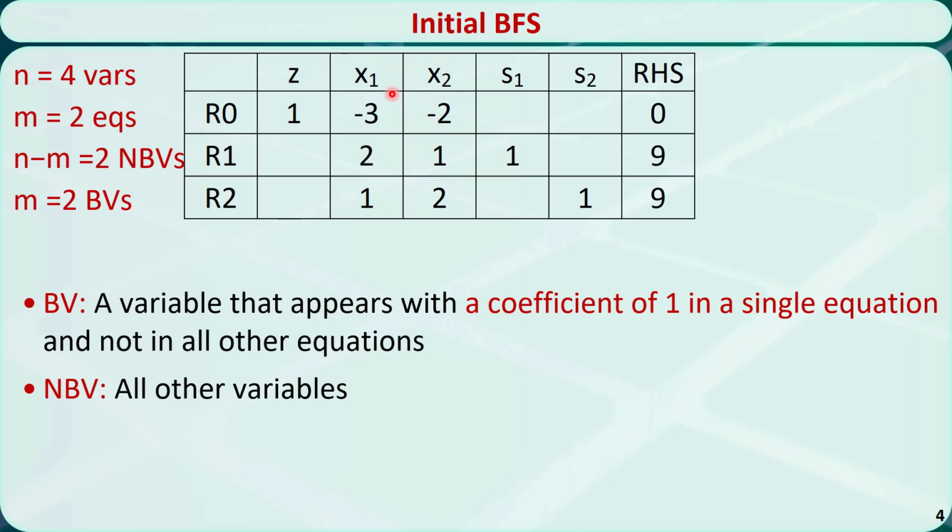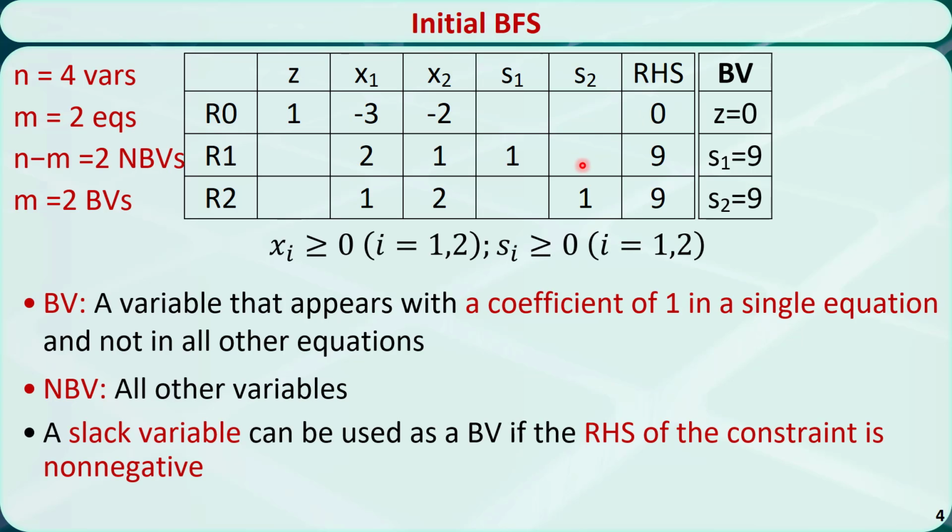Let's set x1 and x2 to 0 and solve for s1 and s2. This part will be gone. We have s1 equal to 9, s2 equal to 9. In row 0, we have z equal to 0. As a general rule, a slack variable can be used as a basic variable if the right-hand side of the constraint is non-negative.